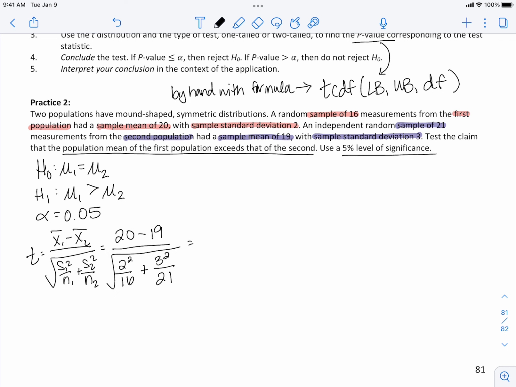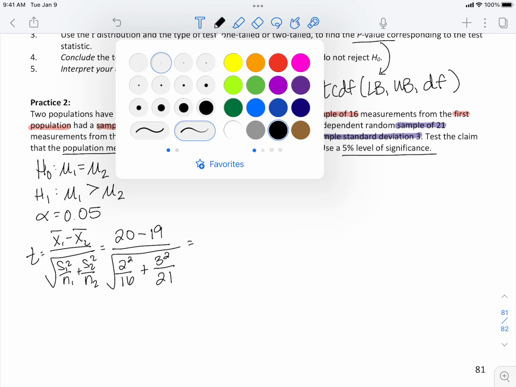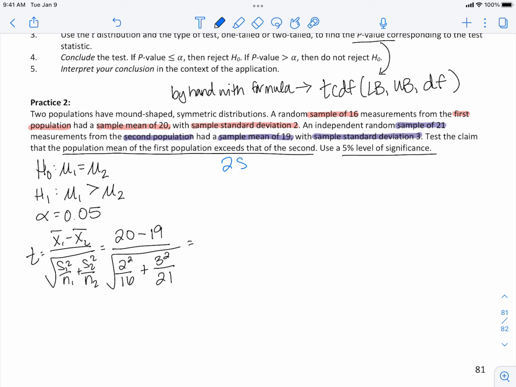The alternative, if you're choosing to use the calculator, would be to choose the 2-sample t-test. Then plugging everything in: x1 bar is 20, sx1 is 2, n1 is 16, then x2 bar is 19, sx2 is 3, and n2 is 21.